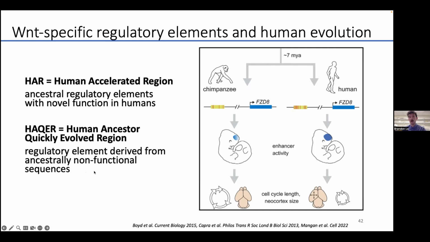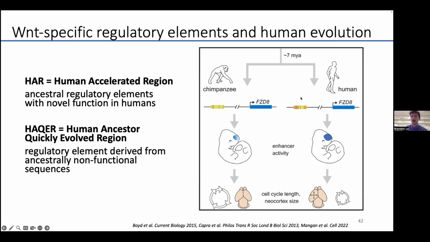These regions are all defined by species sequence comparisons, and some of them have been shown to have interesting functional results. This one HAR, I think it's HAR E5, is a distal regulator of the gene FZD8, Frizzled 8, one of the Wnt receptors.